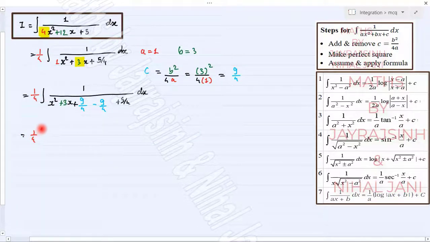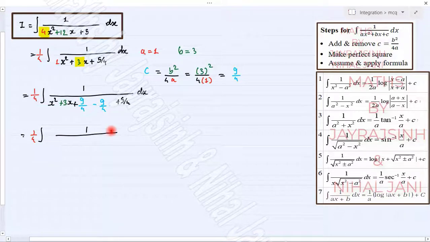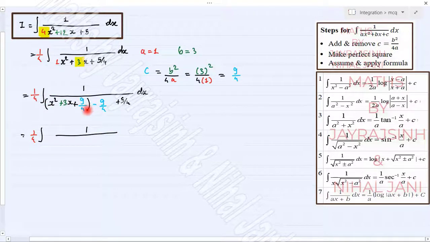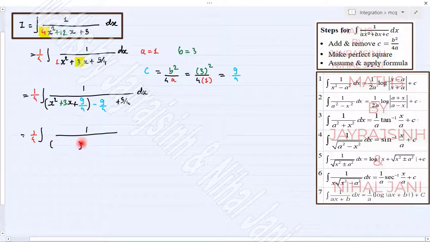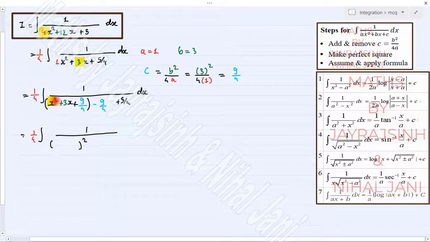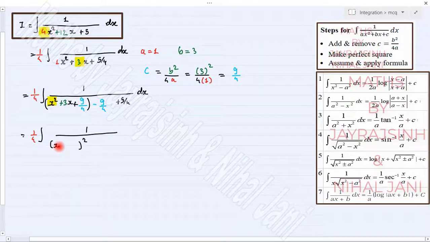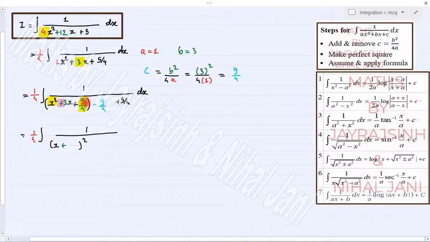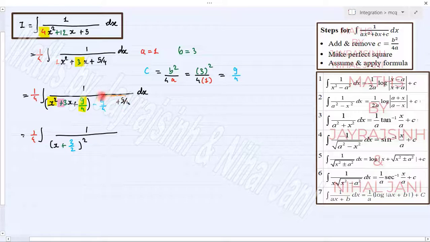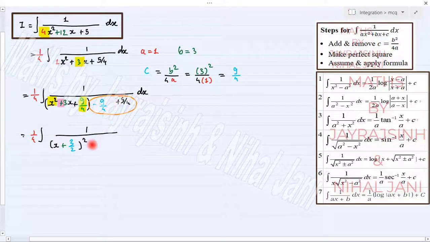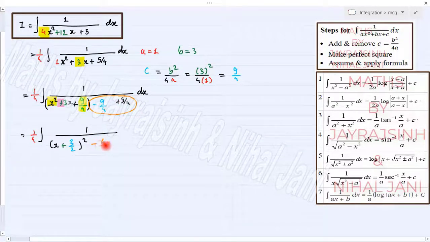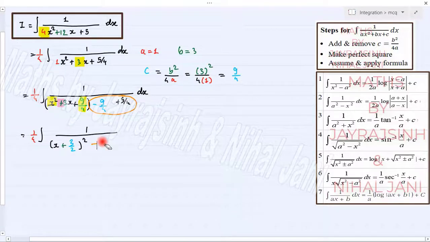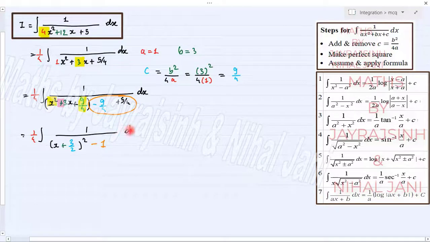Now let's move to the next step, in which the first 3 terms will make a perfect square by root of first term, sign of middle term and root of last term. Then minus 9 by 4 and plus 5 by 4 will give us minus 4 by 4, or we can say minus 1.